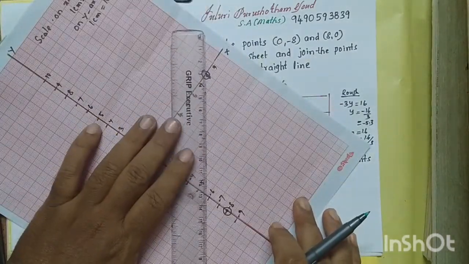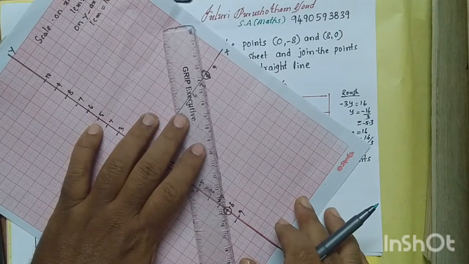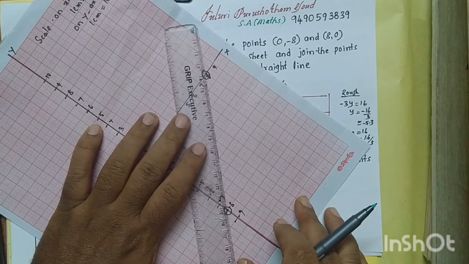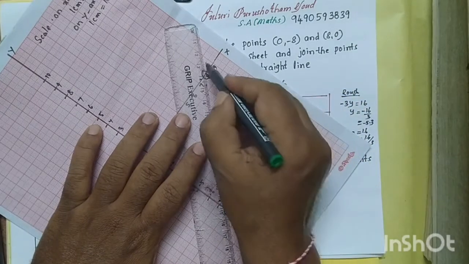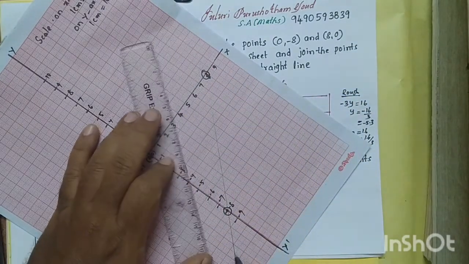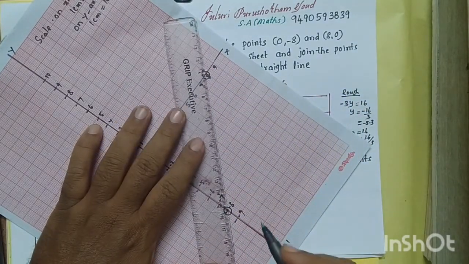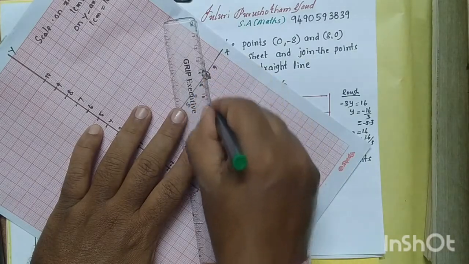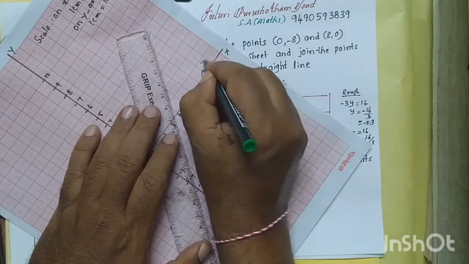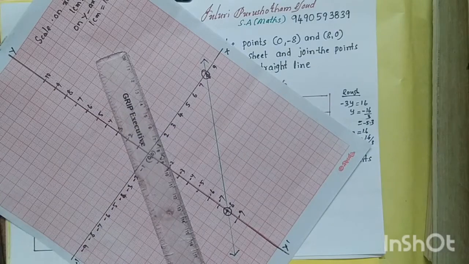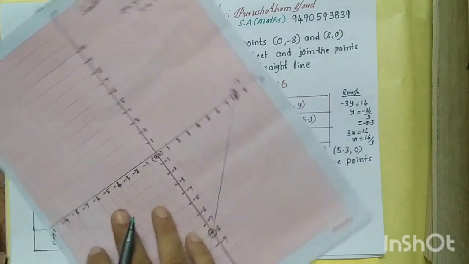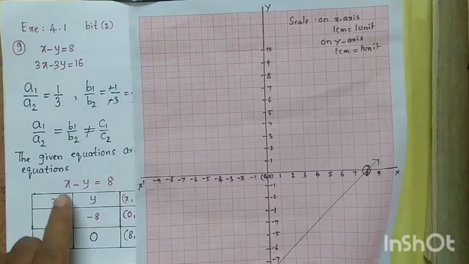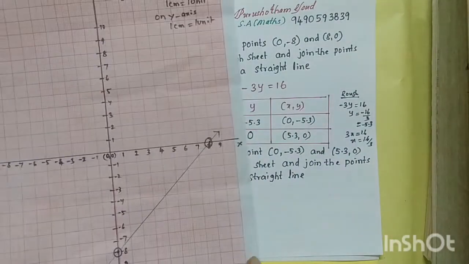From plus 8 on the x-axis to minus 8 on the y-axis, draw this line. This is the line formed by x minus y is equal to 8.